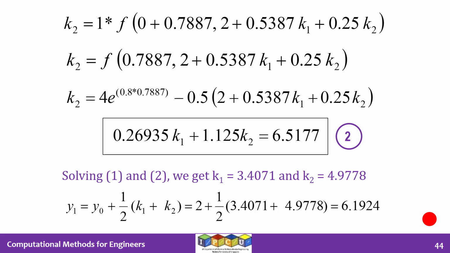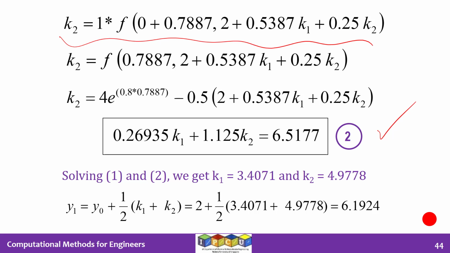To get k2, we adopt a similar approach. The expression for k2 when evaluated reduces to this. So now we have two equations and two unknowns, k1 and k2, and we can solve for them. Again, I wish to reiterate that we are solving these two equations, 1 and 2, simultaneously. That is one of the characteristics of implicit schemes.